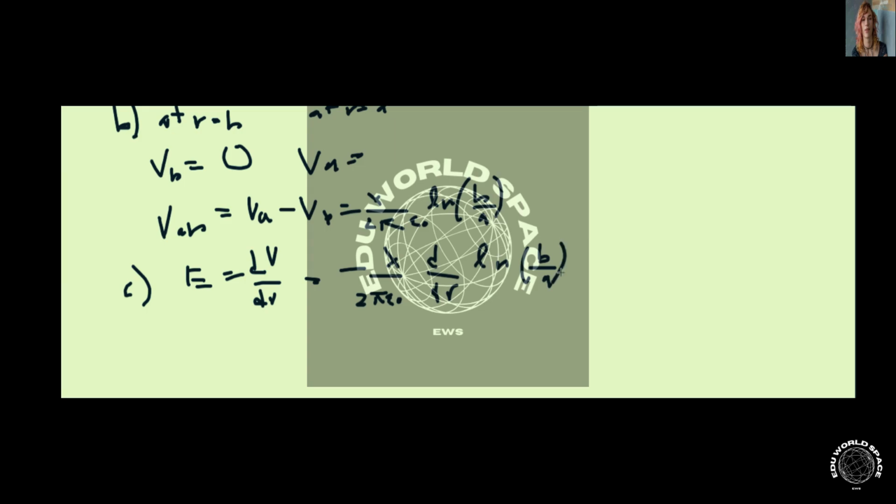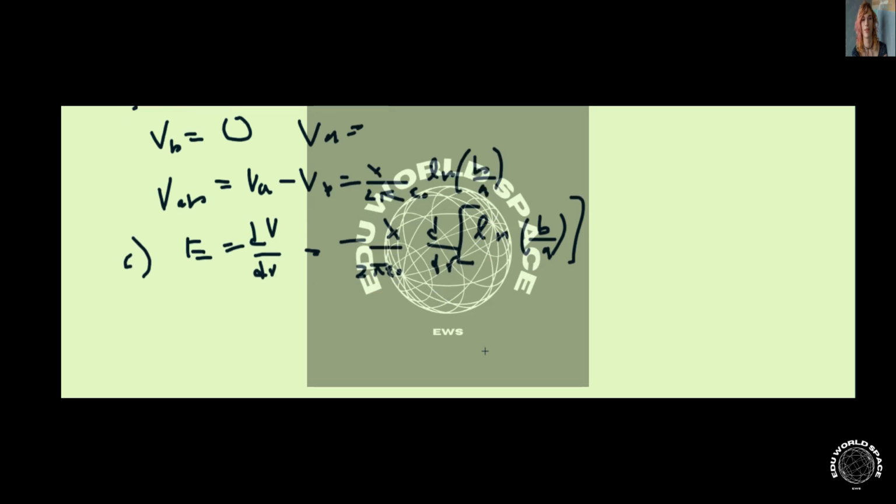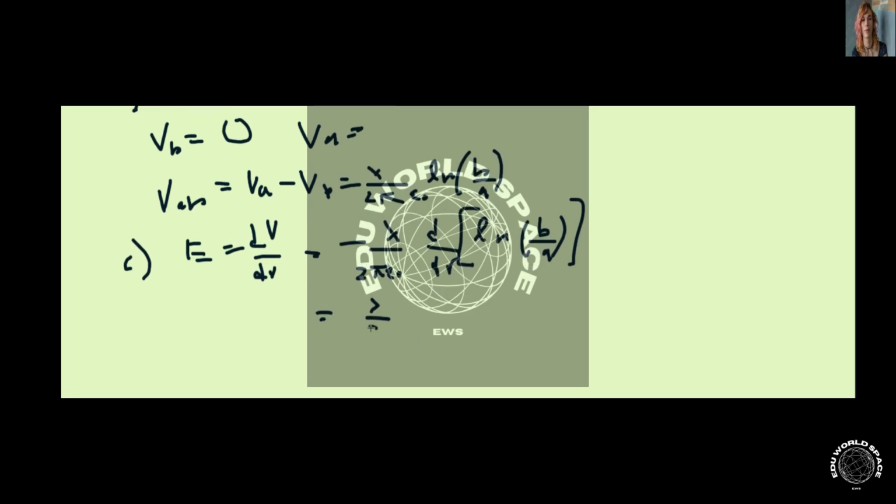If we derive that, it's going to equal lambda over 2 pi times the permittivity times 1 over r.